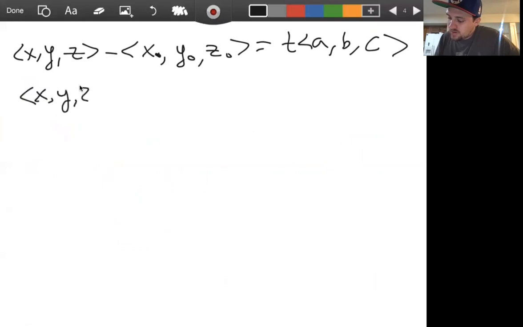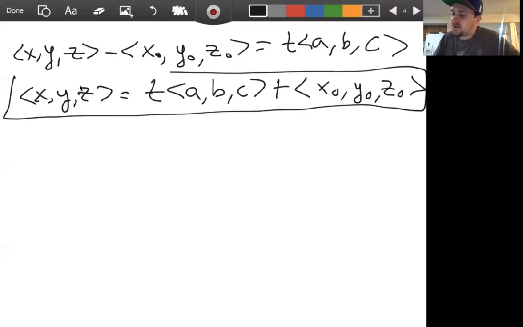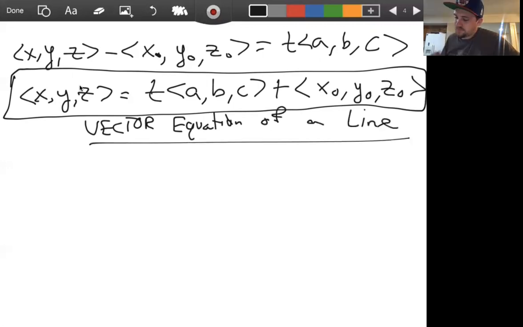We have x, y, z equals t times a, b, c plus x naught, y naught, z naught. And this is the vector equation of a line, because it's still represented in vectors.